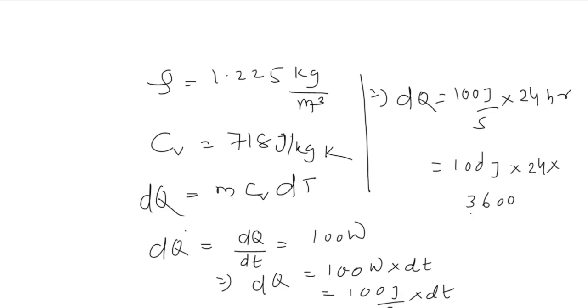So the unit will be joule. So dQ equals 100 into 24 into 3600 joule. Now we will substitute the value and find out the final temperature.